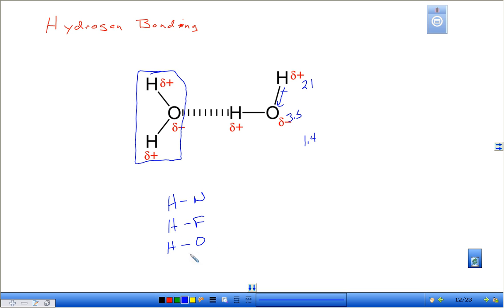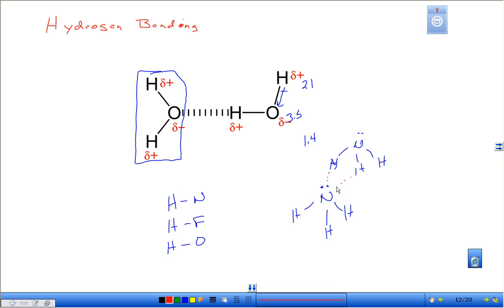In those three cases, if we're bonded to one of those, then with the next molecule over, for instance if we do NH3 and I draw another NH3, you get the hydrogen bond between that nitrogen and the hydrogen of the next molecule.